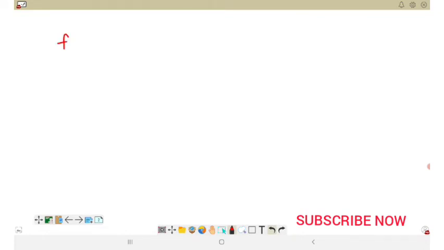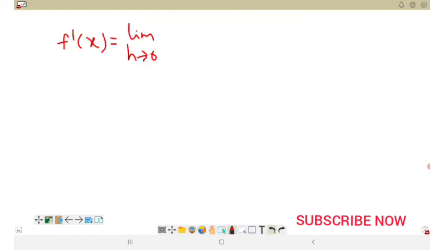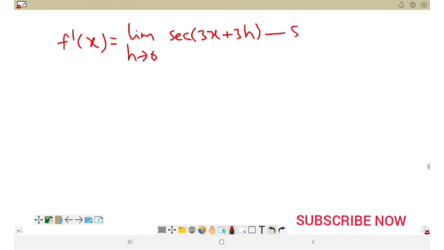So f dash of x is the limit h tends to 0, substituting f of x plus h equal to secant of 3x plus 3h, minus f of x, secant 3x, by h.